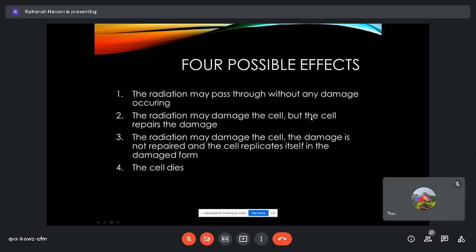Two, it may damage, but Allah made your body capable of repairing, so the damage is repaired. Three, it damages the cell, the damage is not repaired, and the cell replicates in a damaged form, which leads to cancer. And four, the cell dies. This is what happened, if you watched Chernobyl, to people with radiation toxicity and how they eventually died, because one thing I remember most is their colon and small bowel.